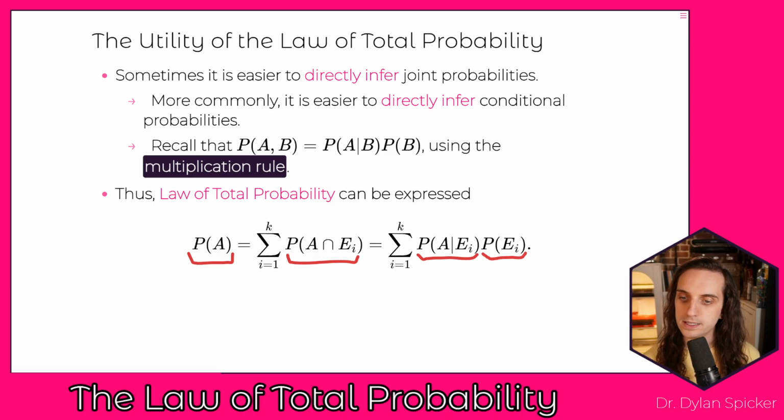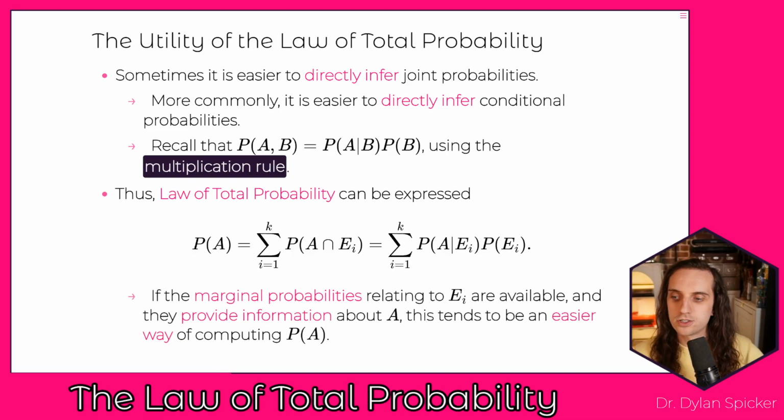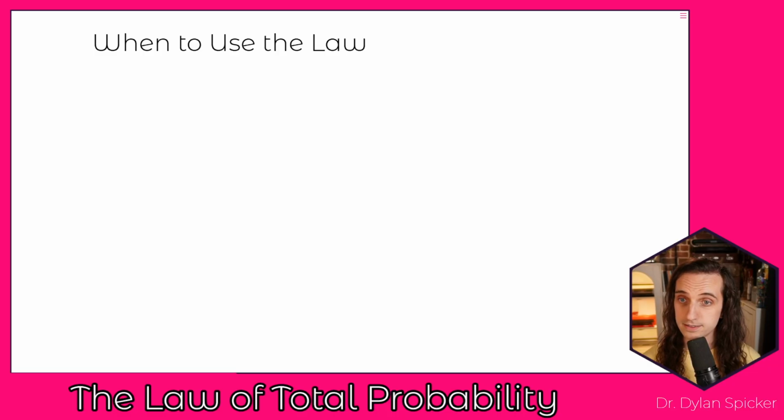So now, if we want the marginal probability of A, and it's easy for us to come up with the probability of A given EI and the probability of EI itself, then we can get back to the probability of A using this other information. That's very often going to be a pattern that comes up. If the marginal probabilities relating to EI are available and they provide enough information about A, this tends to make it easier for us to compute the probability of A than trying to do so directly.